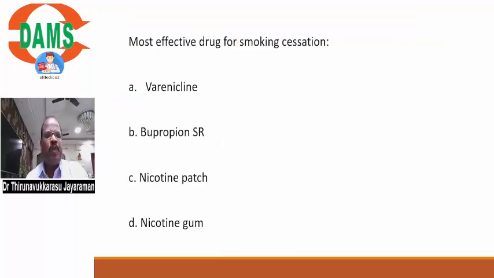Next. The most effective drug for smoking cessation, the same words we use in the classroom. Options are varenicline, bupropion, nicotine patch, nicotine gum. Straight question, answer varenicline. Just for explanation, all these options are useful for smoking, but the most effective drug is varenicline.